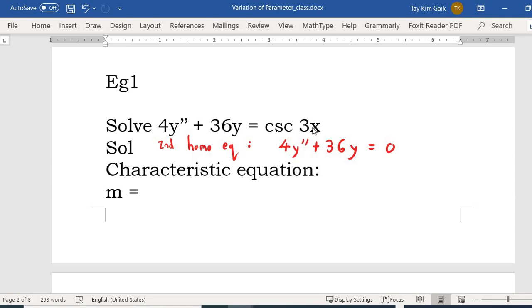For the second order homogeneous equation, let the right hand side equal to 0, and then the characteristic equation can be obtained if you replace the second derivative by m squared. So 4m squared. Okay, y is replaced by what?